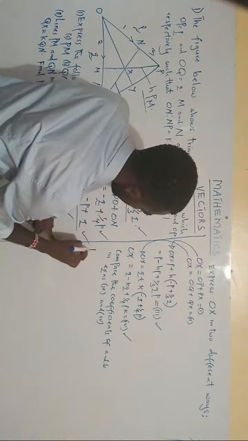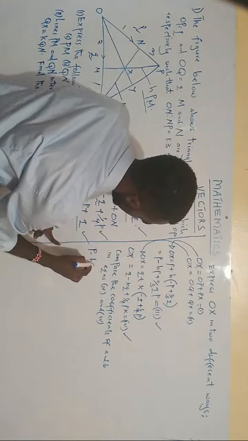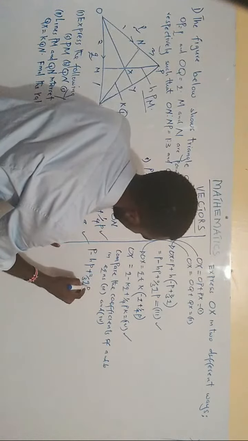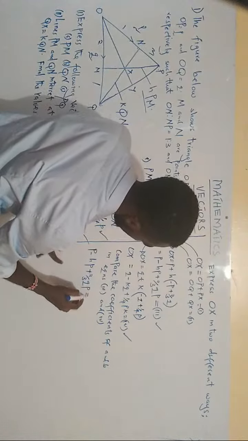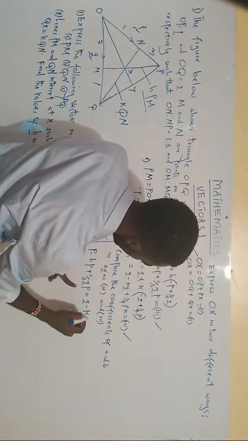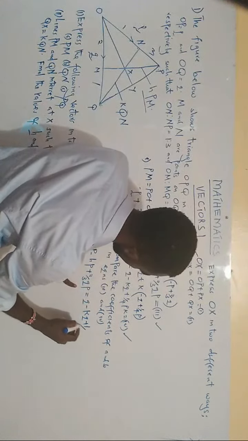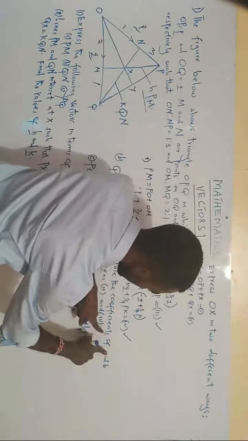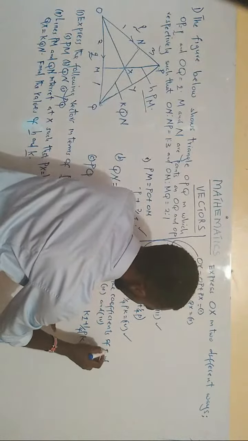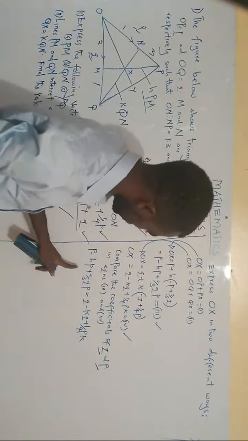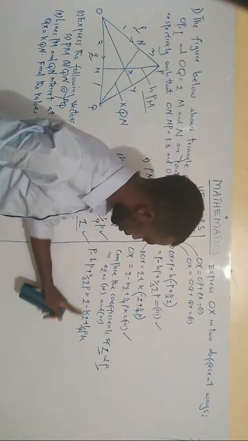So you can say this one now here is P minus HP plus 2 out of 3 QH is equal to equation 4, which is Q minus KQ plus a quarter PK. Sorry, compare the coefficients of Q and P, sorry for that. So we are comparing the coefficients of P and Q in these two equations.